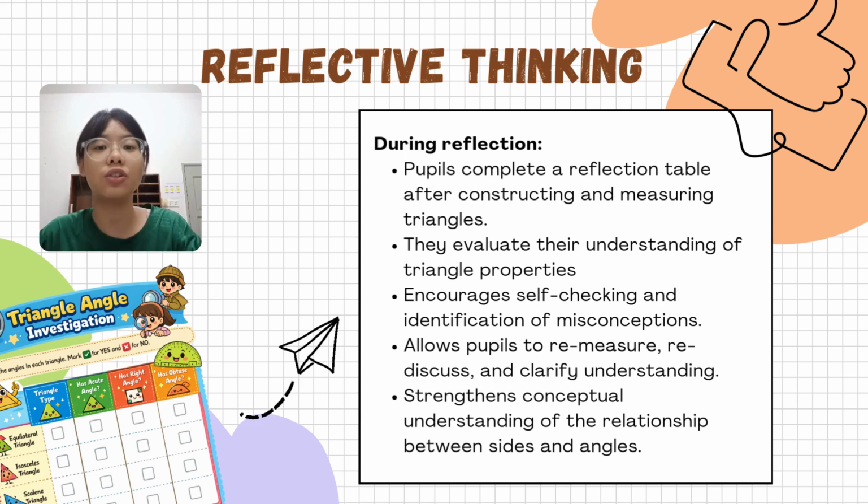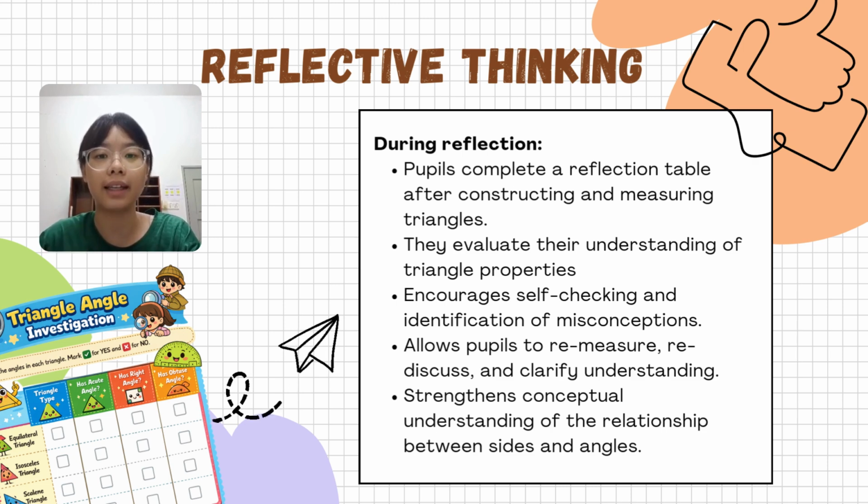If they feel unsure, they can remeasure the angles or discuss again with their friends. Through this reflection process, students identify misconceptions, clarify properties, and strengthen their understanding of the relationship between sides and angles. This shows that learning is not just about doing the activity, but also about thinking about what they have learned.